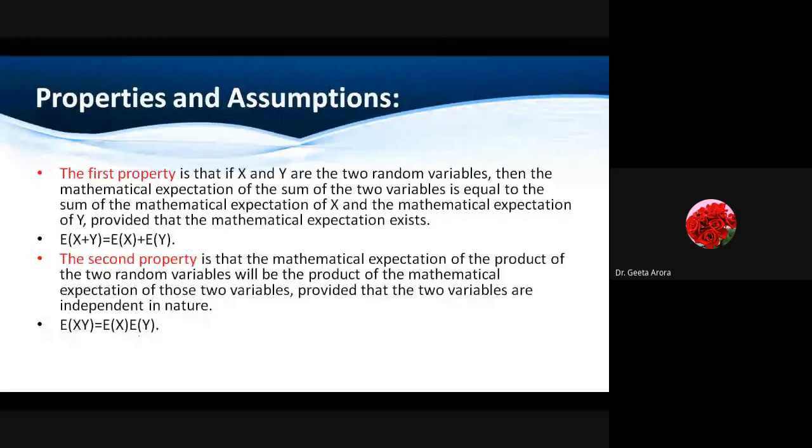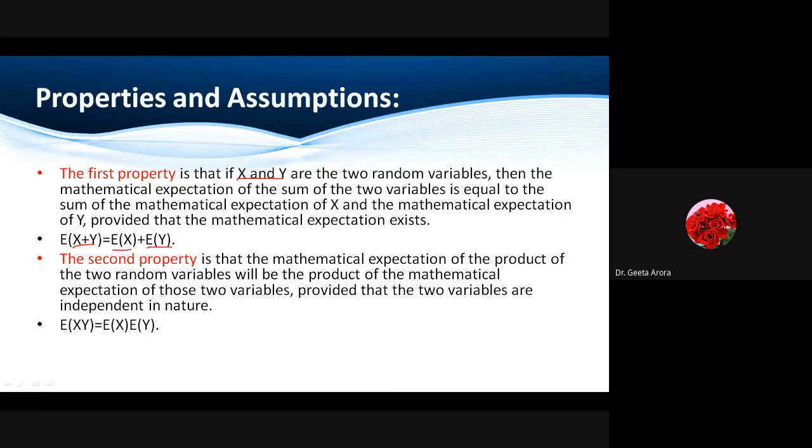Correct? So the first property is about two random variables x and y: if we take the expected value of the sum of x and y, then it is equal to the sum of the expected value of x and the expected value of y.